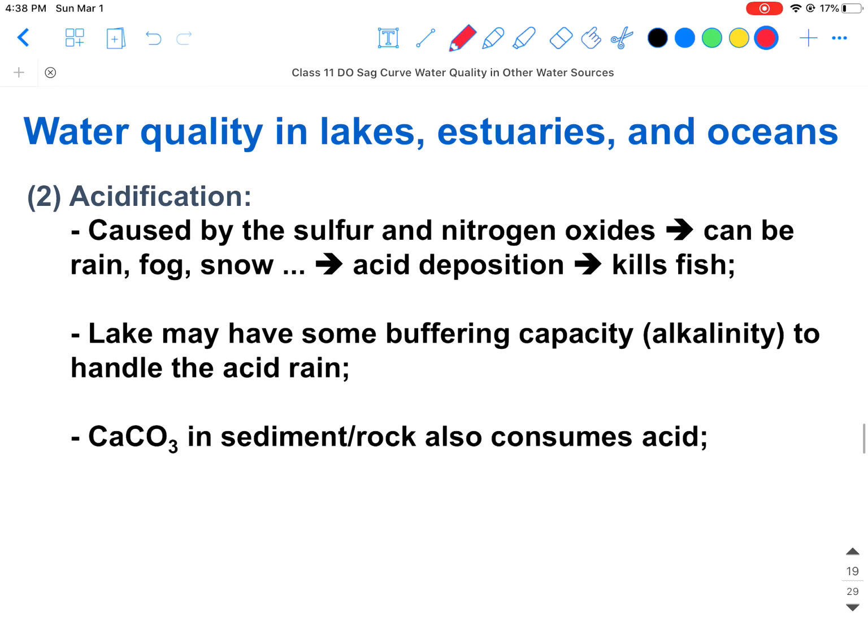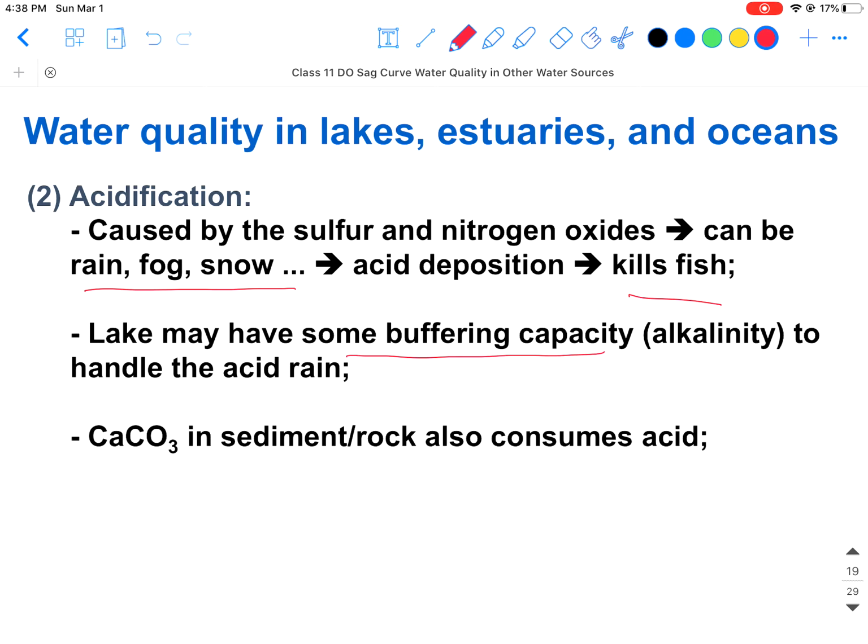And in terms of the lake water quality, acidification is also a very important parameter that we have to consider. So the acidification can be caused by sulfur and nitrogen oxides. They can come from the rain, fog, or snow. Basically, it's acid rain, right? They can kill the fish.